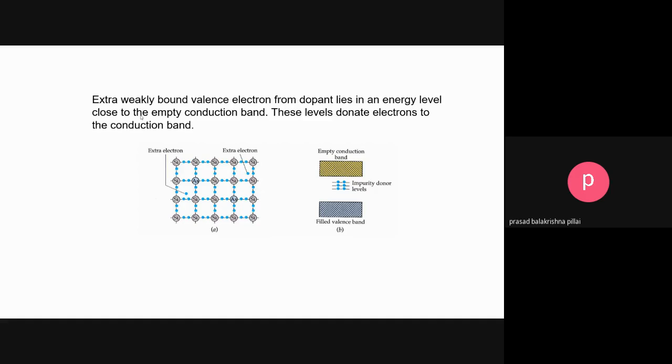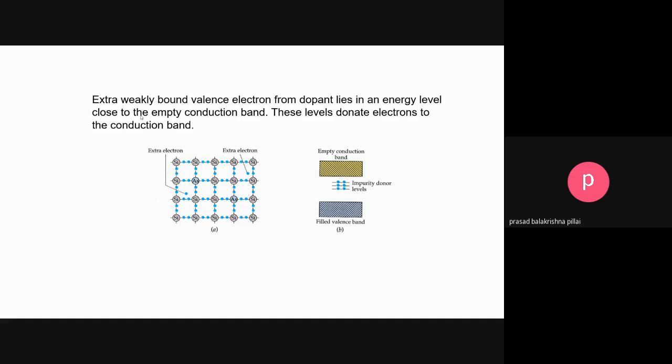If impurity levels are providing electrons to the conduction band, they will be very close to the conduction band. And if they are providing holes to the valence band, their impurity levels should lie very close to the valence band. So that picture we should keep in mind.